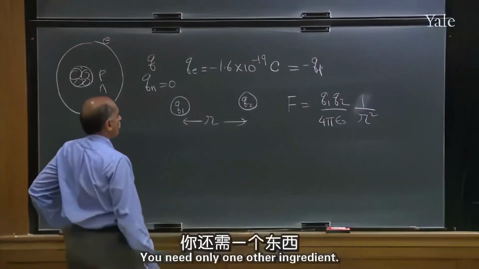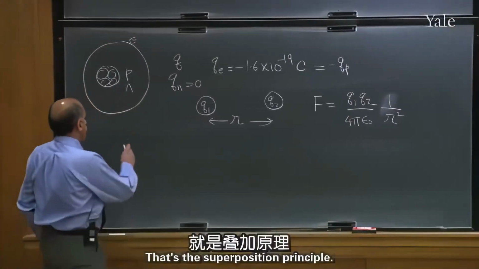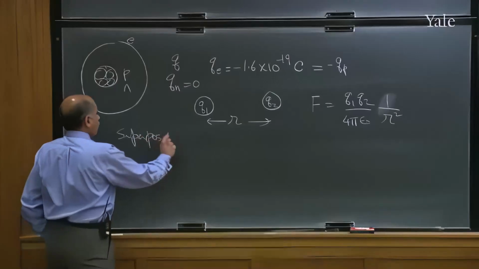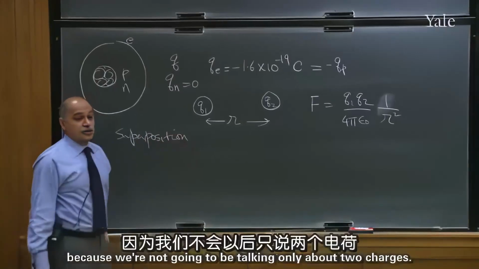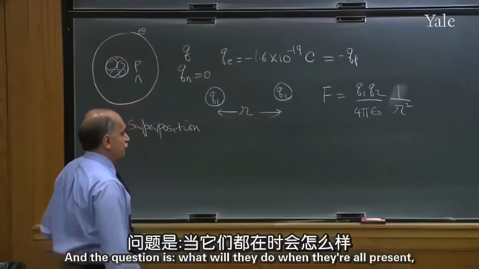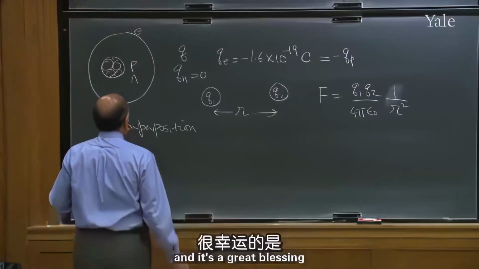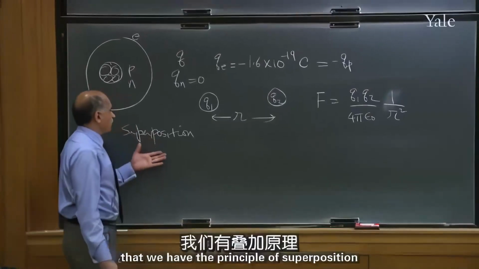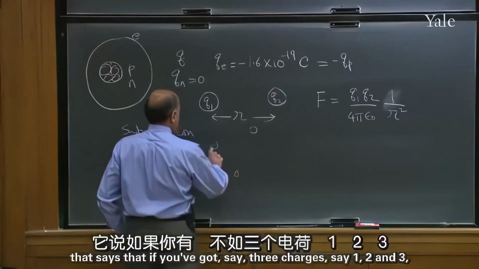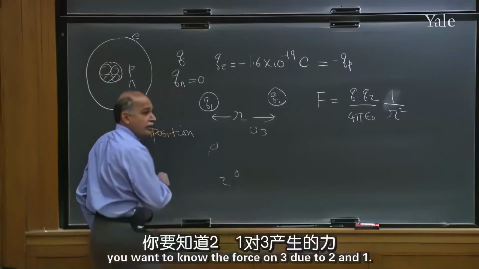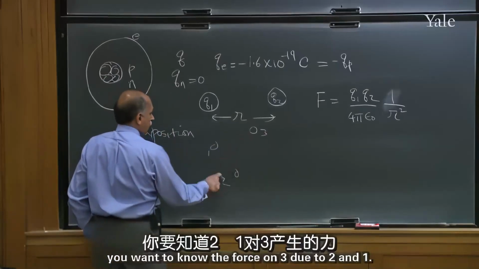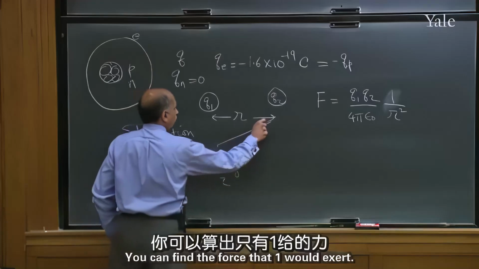You need only one other ingredient. That's the superposition principle. You need that ingredient because we're not going to be talking only about two charges. We're going to be talking about many charges. And the question is, what will they do when they're all present? And it's a great blessing that we have the principle of superposition that says that if you got, say, 3 charges, say 1, 2, and 3, you want to know the force on 3 due to 2 and 1, you can find the force that 1 would exert.